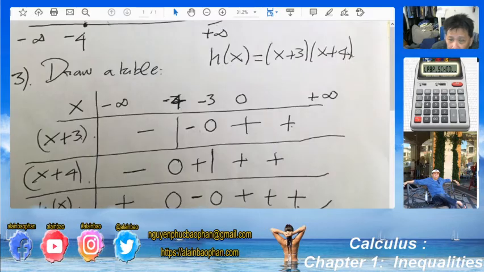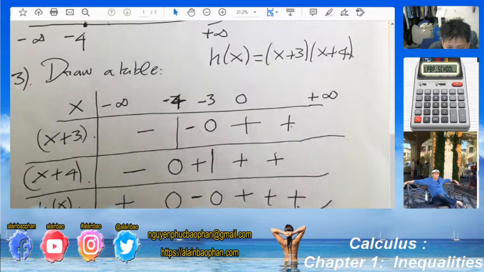So we need to choose f of x such that f of x equals x plus 3 times x plus 4 greater than 0. From the table, we see, okay, go back to the table.